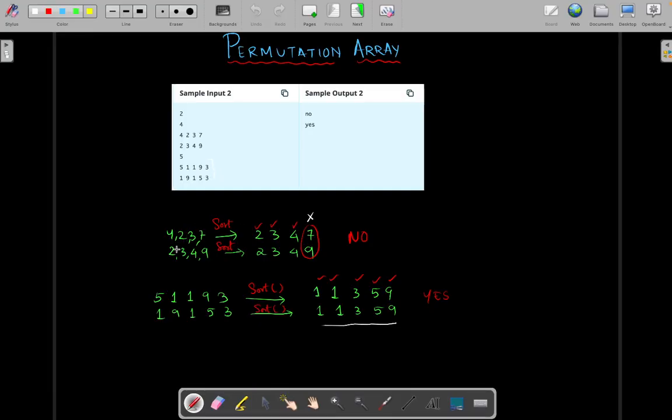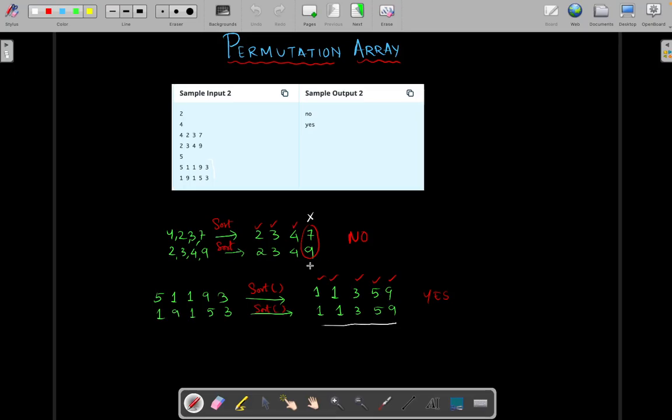So let's look at these two test cases, 4237 and 2349. The way we can determine if two arrays are permutations of each other or not is, if we sort both of them and we compare element by element, they should be identical.